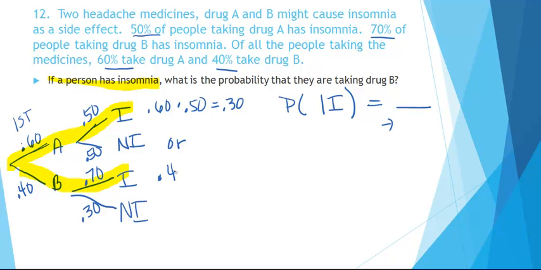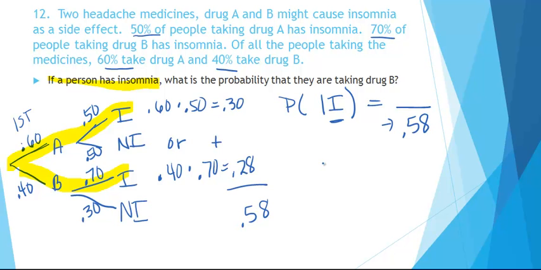That'd be 0.40 times 0.70, which equals 0.28. Or typically means add, so we add these two to get the total number of people that have insomnia. That total amount is 0.58 or 58%.